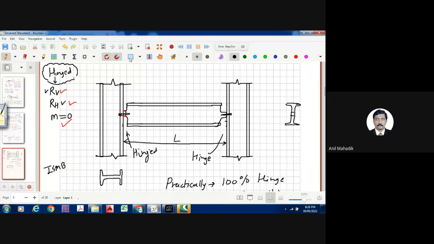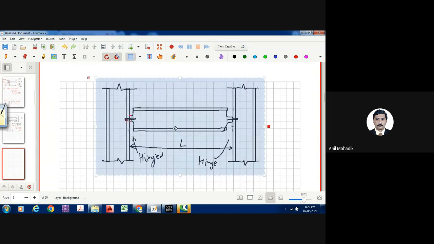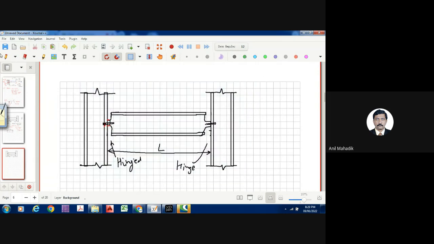Now let's go and try to make this a fixed support. कैसे बनाना है पता? I'm giving a little more time for these concepts because we have seen that many candidate students make mistakes here, and the mistakes are because they don't know the concepts.